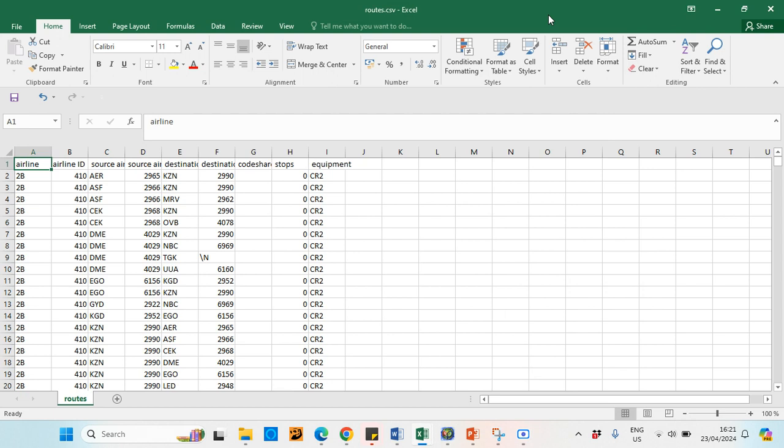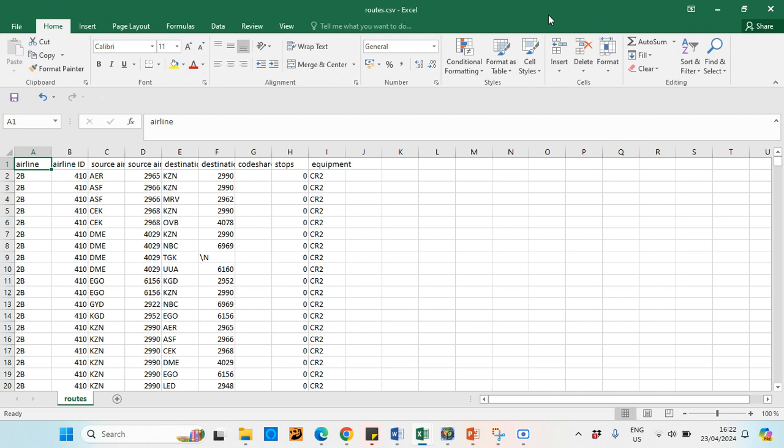So first of all, I downloaded my data from Cargo. It was data for different airplanes. The data had different fields, which were airline, then the ID, then the source airport, ID, then the destination ID.